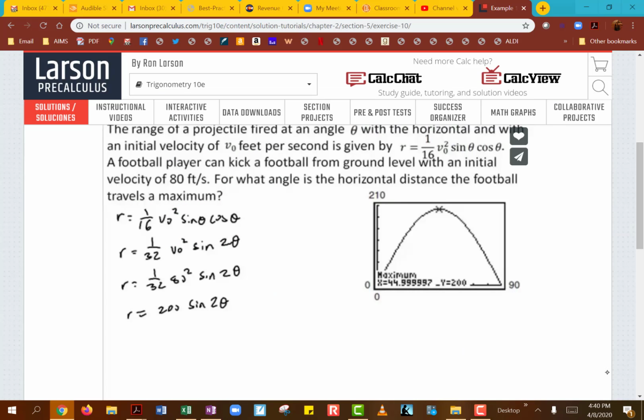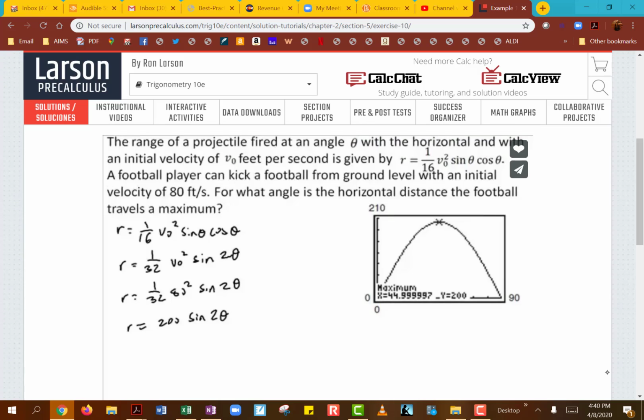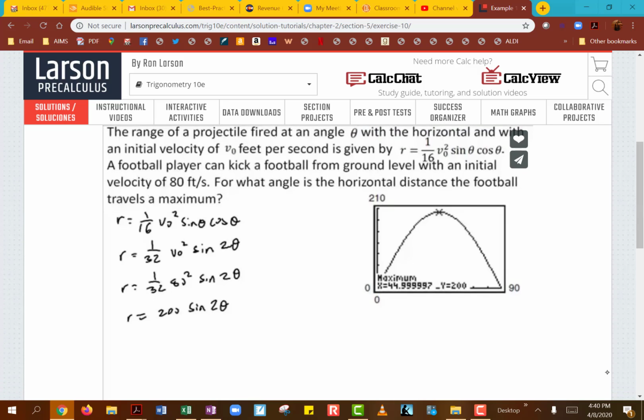Okay guys, so this is again from the website for the author of this textbook, larsonprecalculus.com. As you can see, graphing this function by hand is not going to be an easy process. So they've used a graphing calculator over here, and basically you can see as you travel along the path of the sine function, your maximum value is of course going to be when we reach that height of 200 feet, or in this case, of course, we're talking horizontal distance, but on the graph, it's going to look like your maximum height.